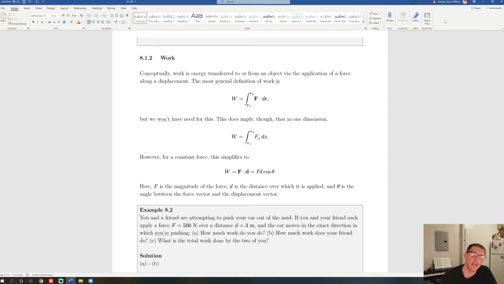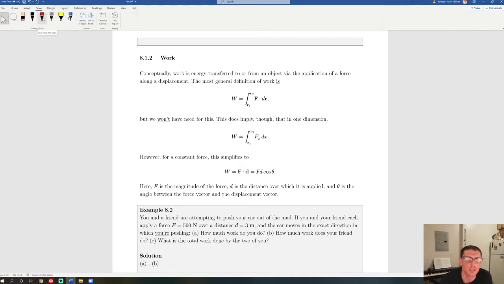So the iPad is not working for me right now. So what I'll do is I'll just make a crappy drawing using my mouse. Maybe just so you can have an idea of what this looks like.